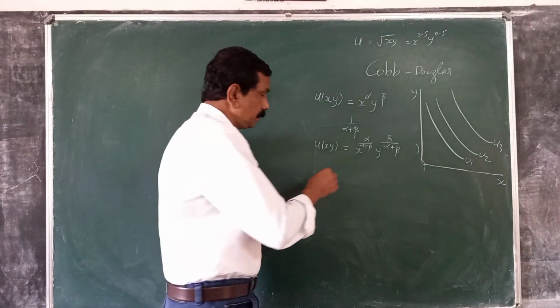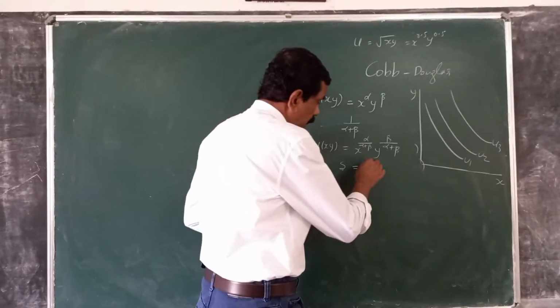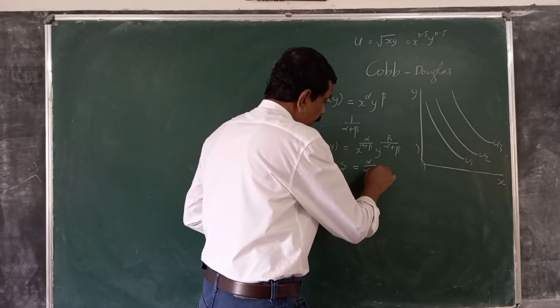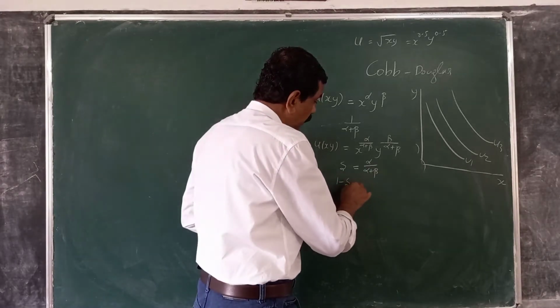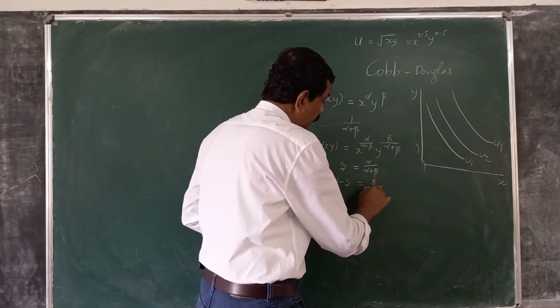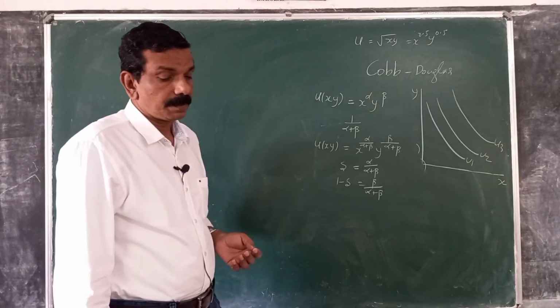Now we define delta as equal to alpha by alpha plus beta and 1 minus delta as equal to beta by alpha plus beta.